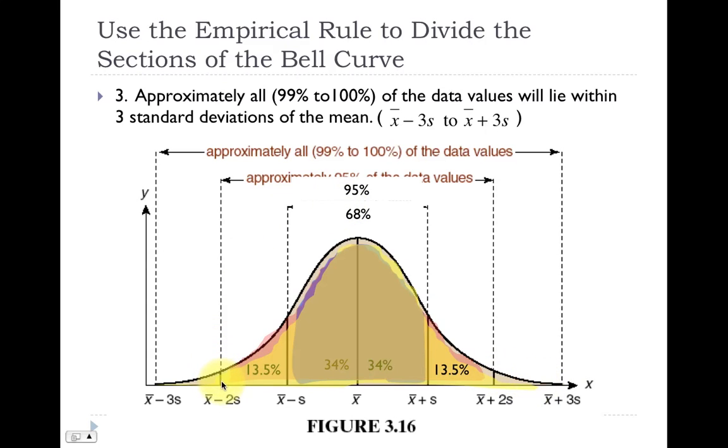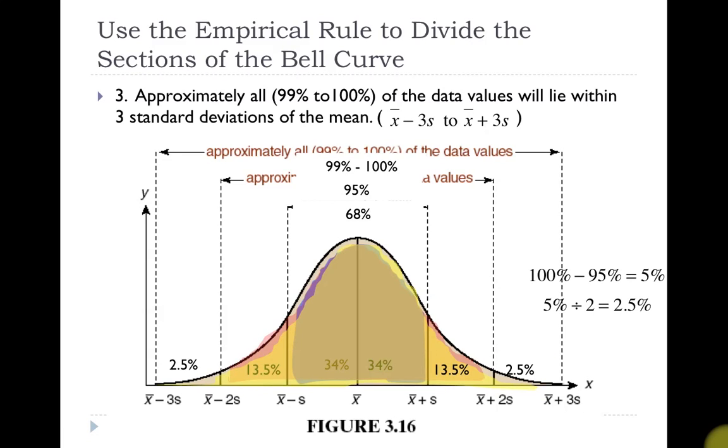Well, if there's 95% of the data values falling between x bar minus 2s and x bar plus 2s, then the remaining 5% of area must be divided between the far left tail and the far right tail. So in each tail, we have half of 5%, which is 2.5%. So 2.5% in this tail and 2.5% in this tail. If we add up 2.5 plus 13.5 plus 34 plus 34 plus 13.5 plus 2.5, we're going to have a total of 100%.